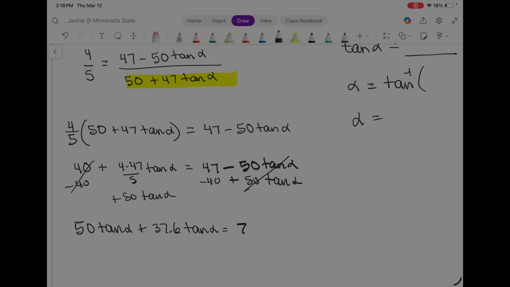To get some numbers here, we'll have 87.6 tangent alpha equals 7, which means divide by 87.6, which gives us 0.079908678.